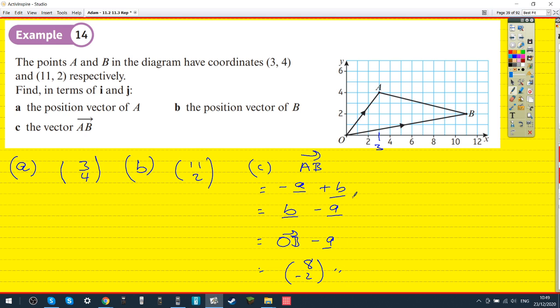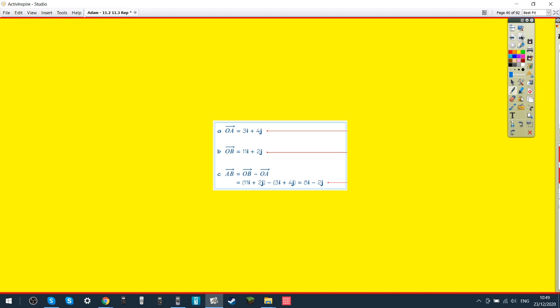And what that shows you is that the vector AB is OB minus OA. So A to B is equal to O to B, second letter, minus OA. So you don't have to sketch.